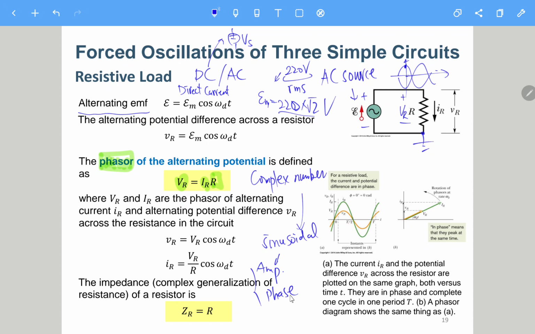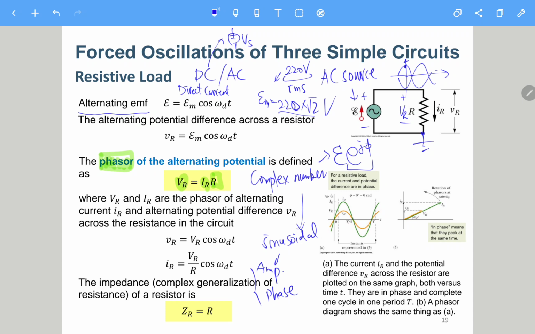Of course this sinusoidal is a time function, so it has an amplitude, and here the phase is 0. We represent this amplitude and phase as a complex number: the amplitude E times exponential of j phi.